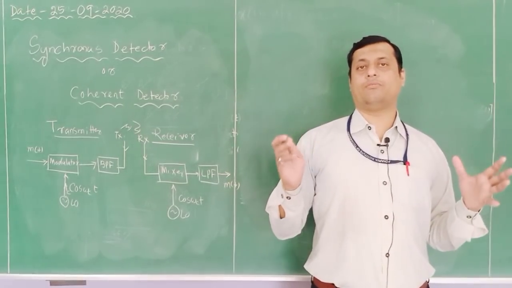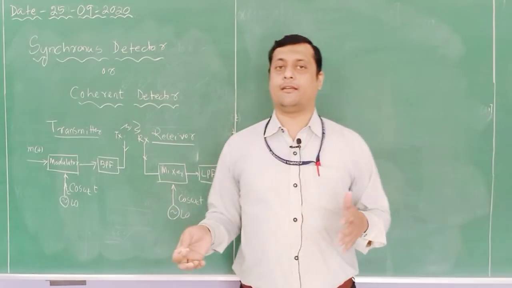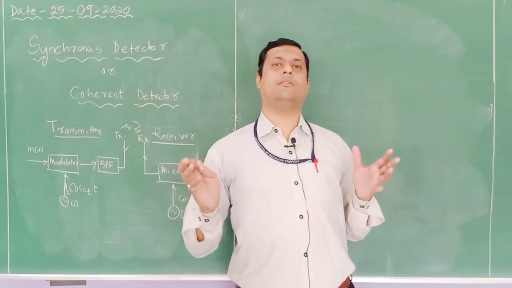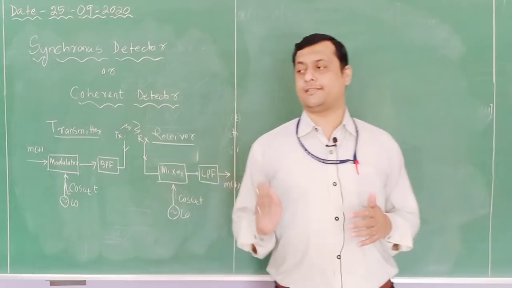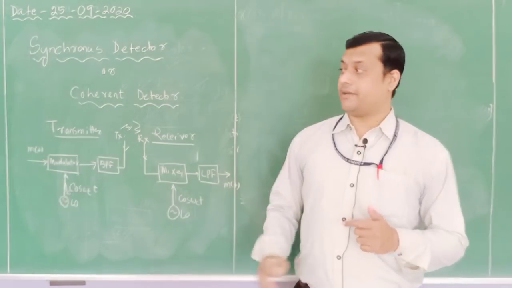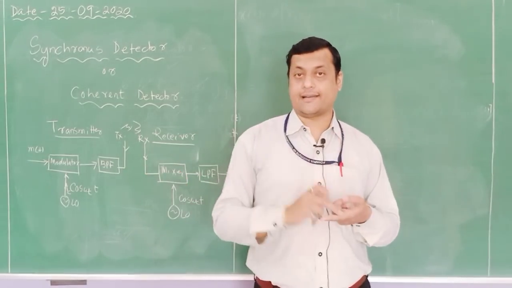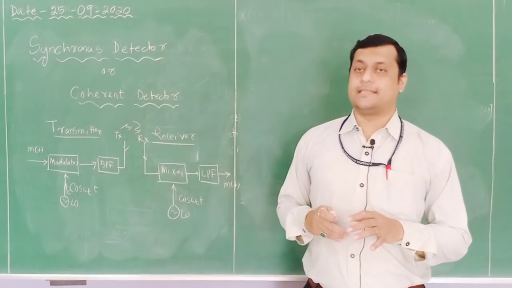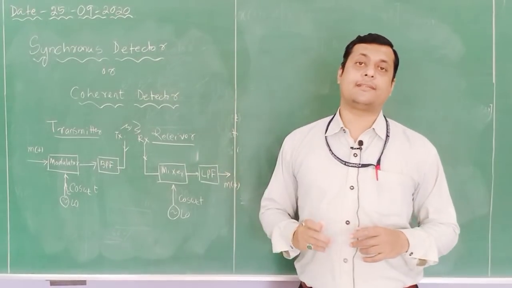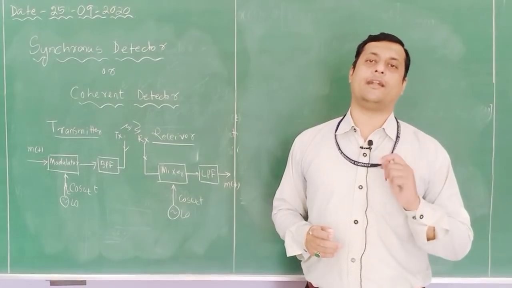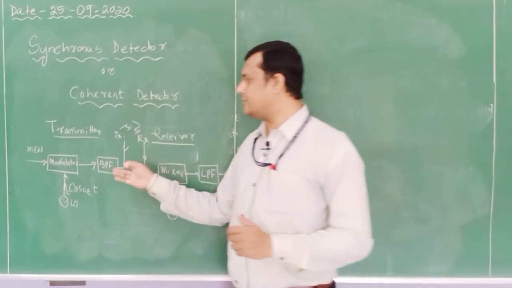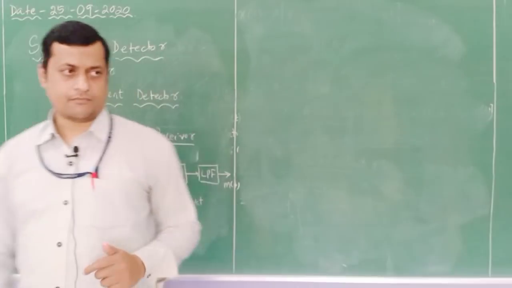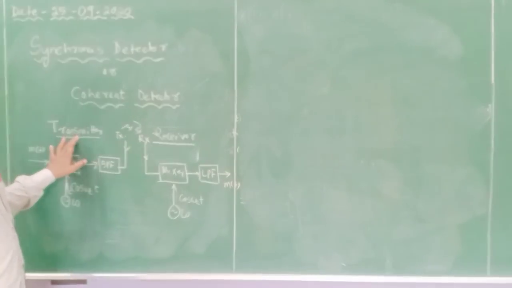So I can't go for coherent detection in the practical case. If the same carrier frequency is synchronized and demodulation is done, then it is called synchronous or coherent detection.